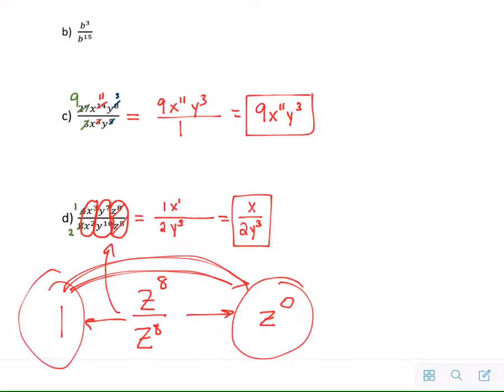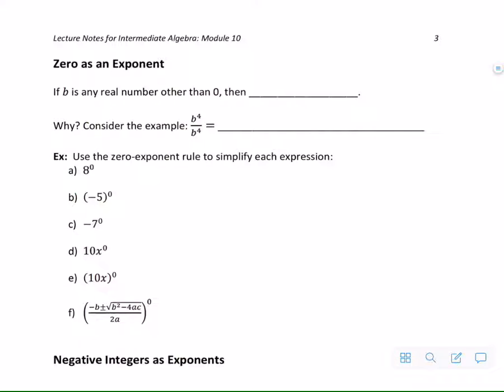Anything raised to the 0 power is going to be 1, and this is the reason right here, because it's the same thing as subtracting all of the exponents away, and you're left with none of that, but dividing by itself is the same thing as 1. So, if b is any real number other than 0, then b to the 0 is 1.